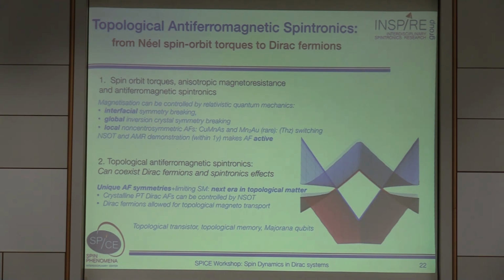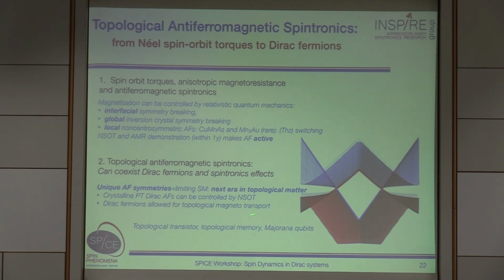And in the second part, I have shown you that it's really possible for Dirac fermions and spintronic effects to coexist in this type of antiferromagnets, and that it actually has two benefits. First, you can control the Dirac fermions by Néel spin-orbit torques. This is one of the difficulties in topological matter, to efficiently control the Dirac quasi-particles.